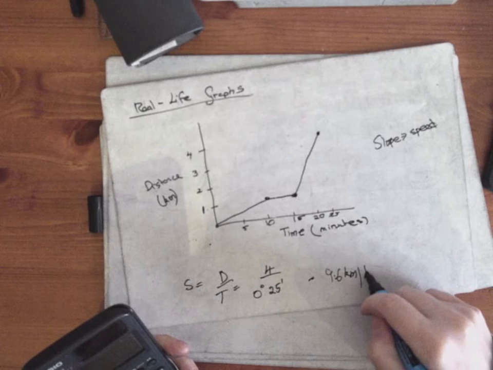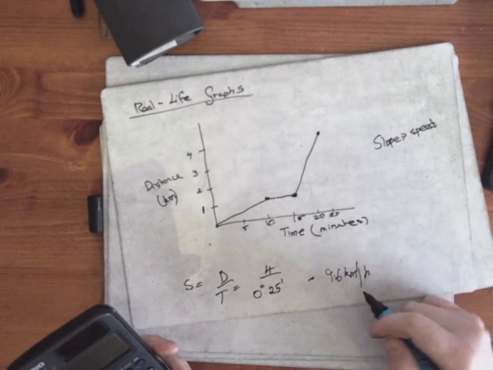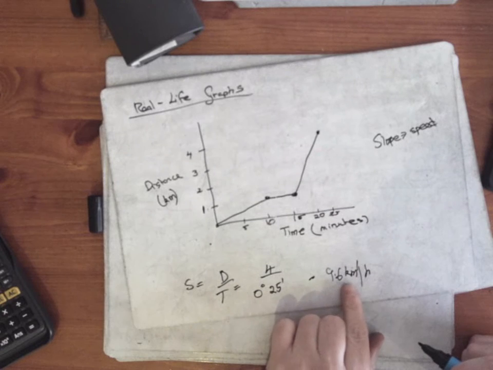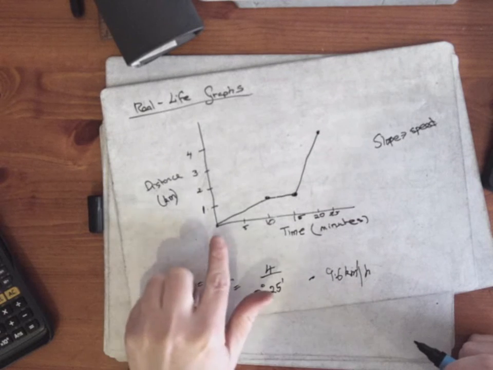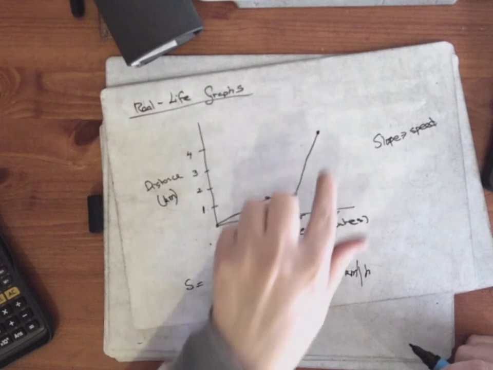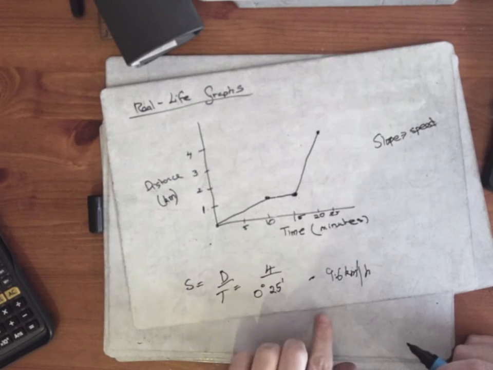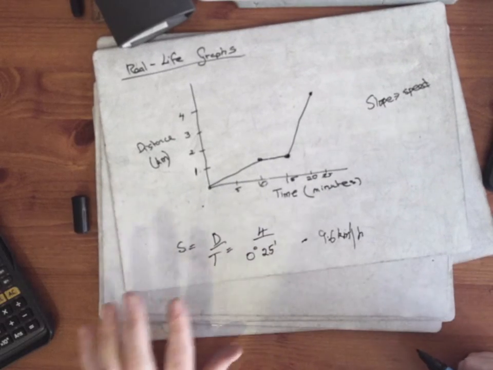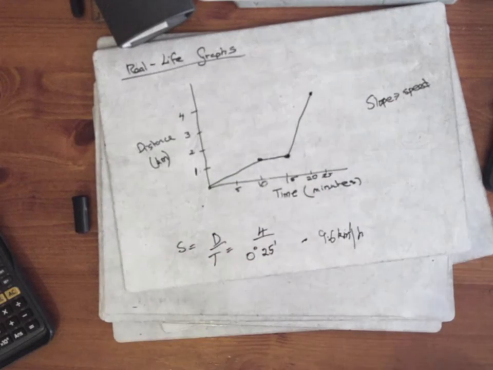That was my average speed, so that's not your speed at every moment. At no stage was I probably walking at 9.6 kilometers per hour. Here I was probably going slower, here I was stopped, and here I was probably going faster, but the average speed for the whole journey is 9.6 kilometers per hour.